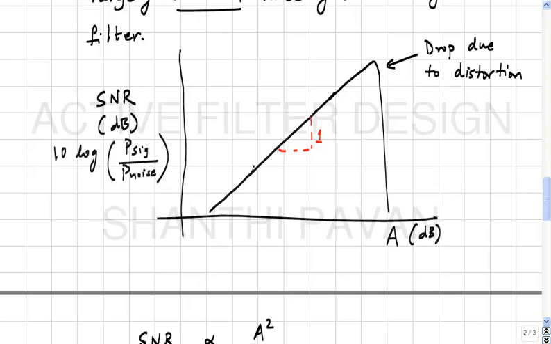Therefore, one needs to define the lowest level of signal that's permissible into a filter. One needs to define what one means when one says this SNR is adequate, or rather that the output of the filter is intelligible to me, I can make sense of what is coming out. And that definition is arbitrarily chosen to be 0 dB.